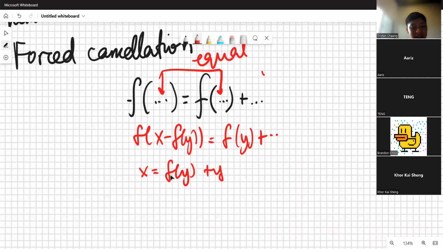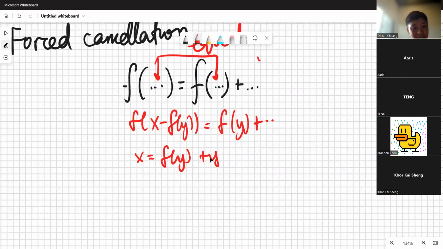If I put x equals f(y) plus y, then these two terms become f(y). And then we can very conveniently cross both terms out. And if this is a very simple expression, like very simple junk at the end, maybe you will get very useful information, because now you have a bunch of f's away.